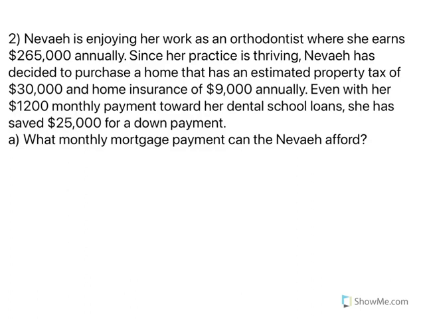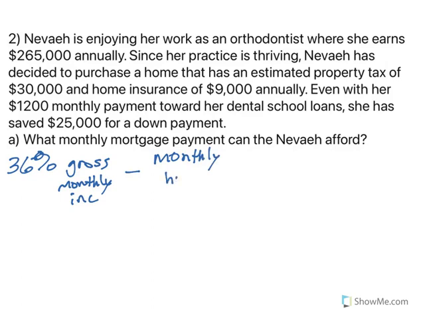Now, we need to figure this out using our total expense ratio. So remember that total expense ratio talks about 36% of your gross monthly income minus your monthly housing expenses. That's where your home insurance, your property taxes, those kind of things.